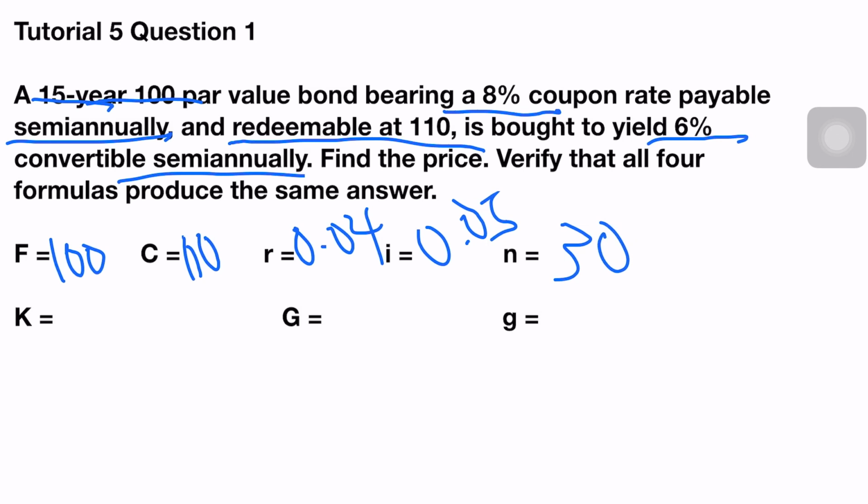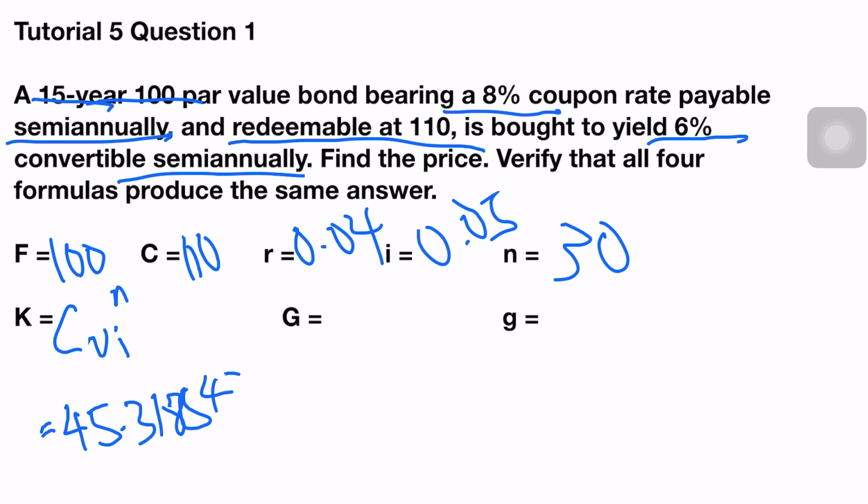K is the present value of the redemption amount. The formula for K is C times v to the power n. Substituting the figures into the equation, the value of K is 45.3185435.